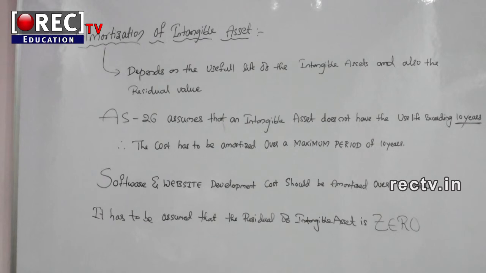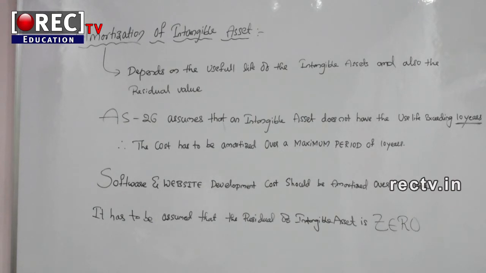Now amortization depends on the useful life of the intangible asset and also the residual value. For example, for a fixed asset in the straight line method, it is original cost of asset minus residual value, divided by number of years. Likewise, here also you need the useful life and the residual value for intangible assets.